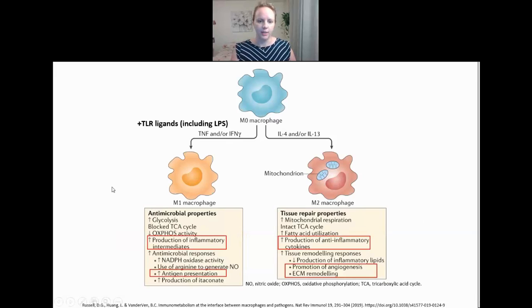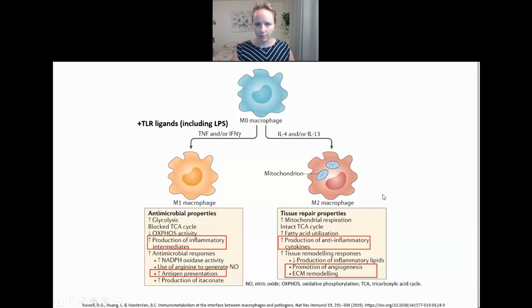So this is a simplified version of M1 and M2 macrophages. I think a lot of immunologists would argue that within the M2 macrophage there are multiple other subtypes.